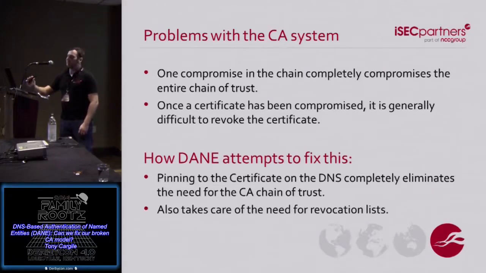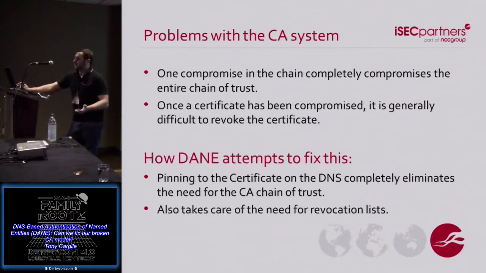No one's actually doing it right now. And so, how does DANE handle this? Well, one, by pinning the certificate on the DNS and not the CA, you can completely bypass the chain of trust of the CA. You don't have to use it anymore. And also, it actually is a really elegant solution for handling certificate revocation.